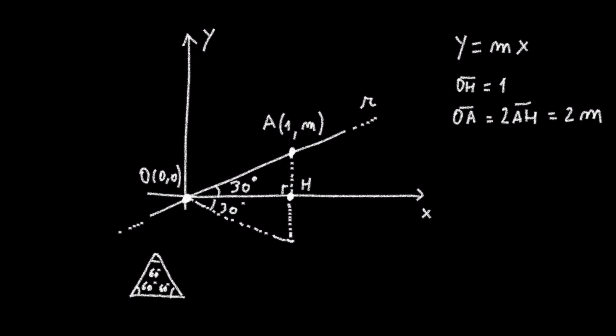Now we can use the Pythagorean theorem and write that OA square equals AH square plus OH square. So this is 4m square equals, AH is m, so it will be m square plus 1.